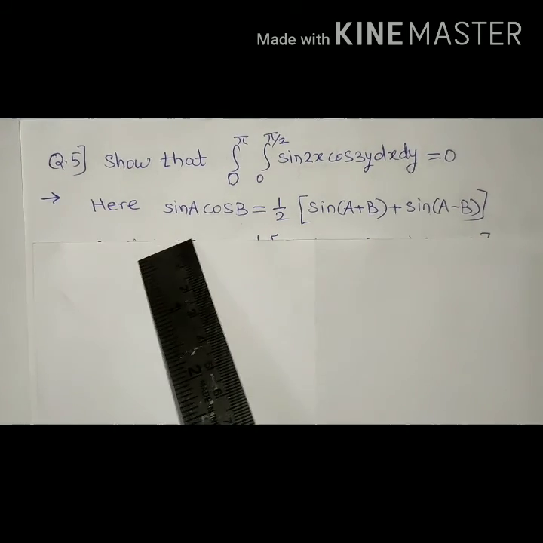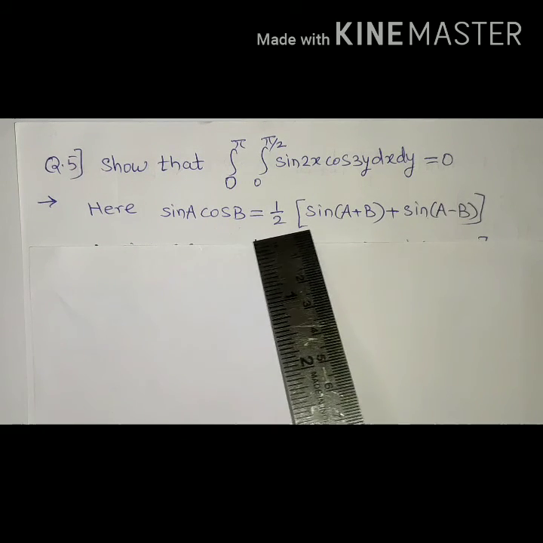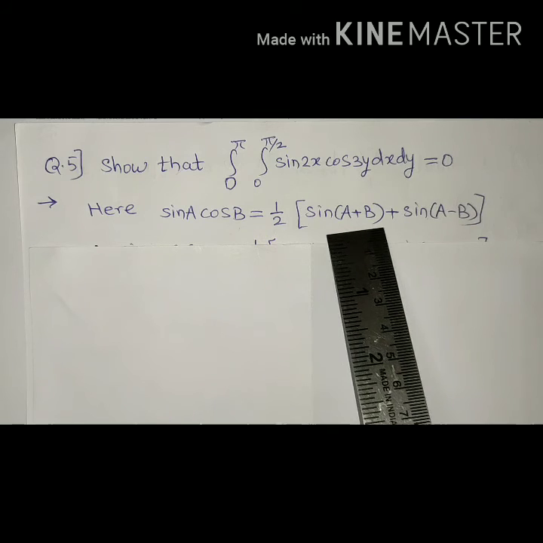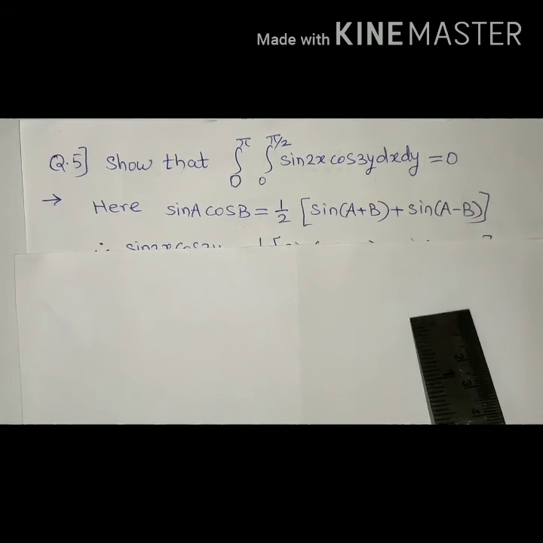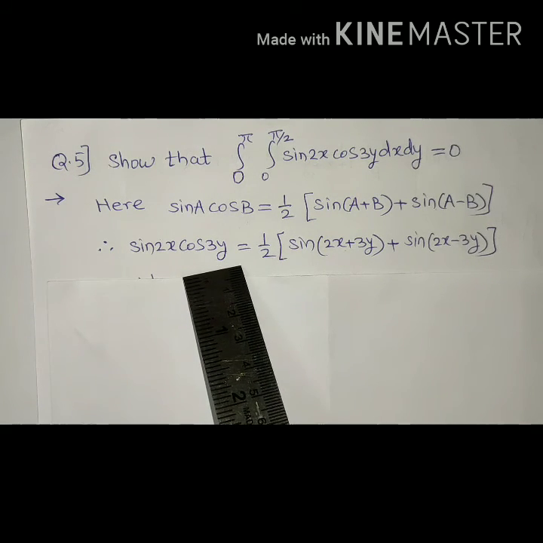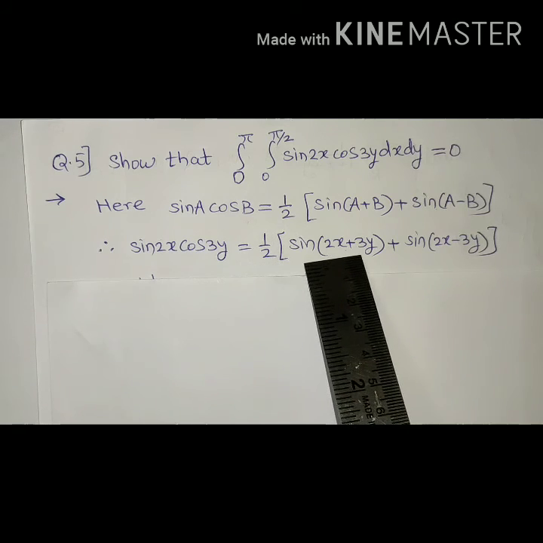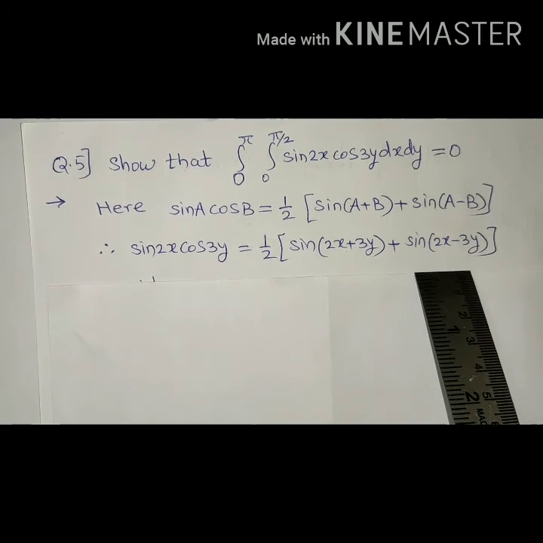So sin A into cos B, let us recall. It is half sin of A plus B plus sin of A minus B. Let us use it here. So sin 2x into cos 3y is half of sin 2x plus 3y plus sin of 2x minus 3y.